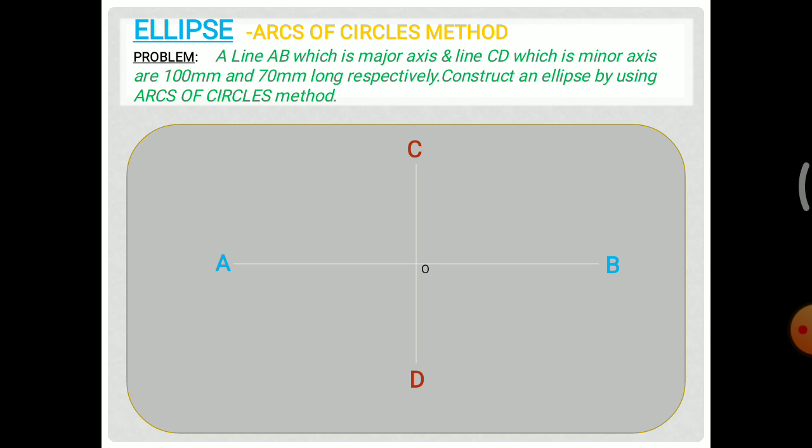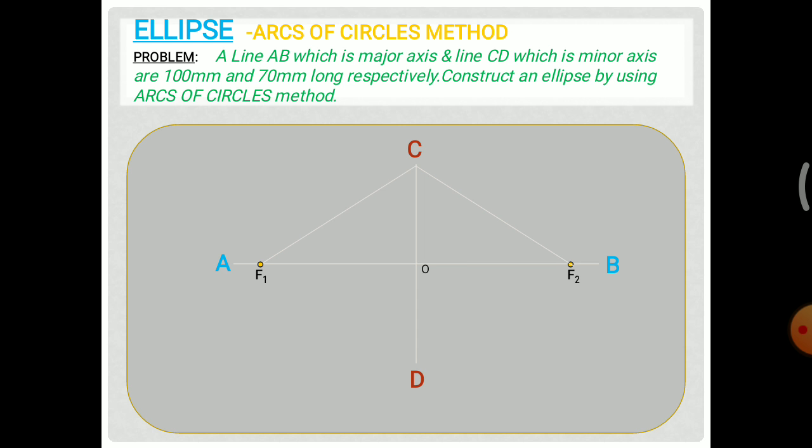Taking C as center, AO as length, draw two arcs on the major axis, that is on the right side and the left side. So name it as F1 and F2, that is the foci points.